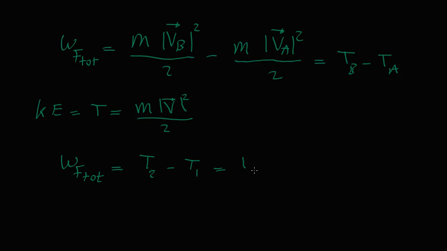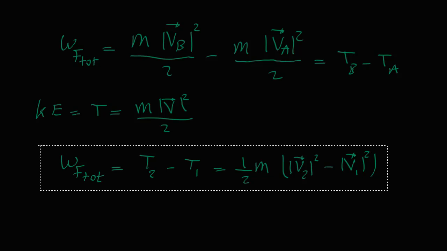This is basically 1 over 2 m times V2 squared minus V1 squared. So this is the work and energy principle in general. We didn't make any assumption on the type of the forces acting on this particle.